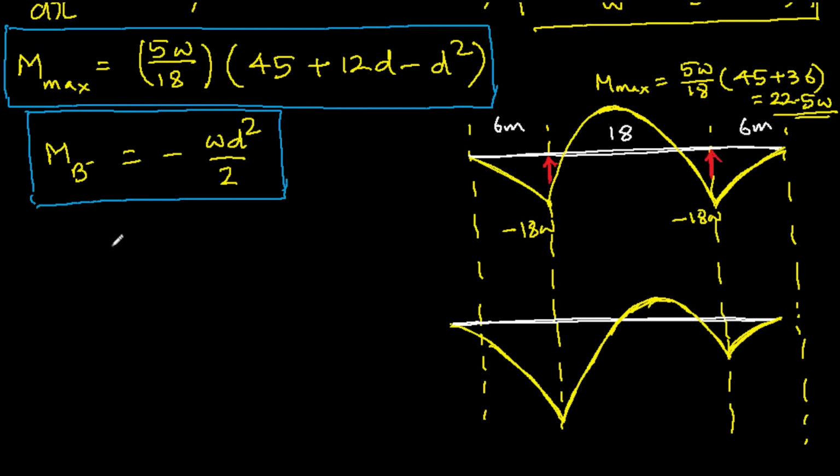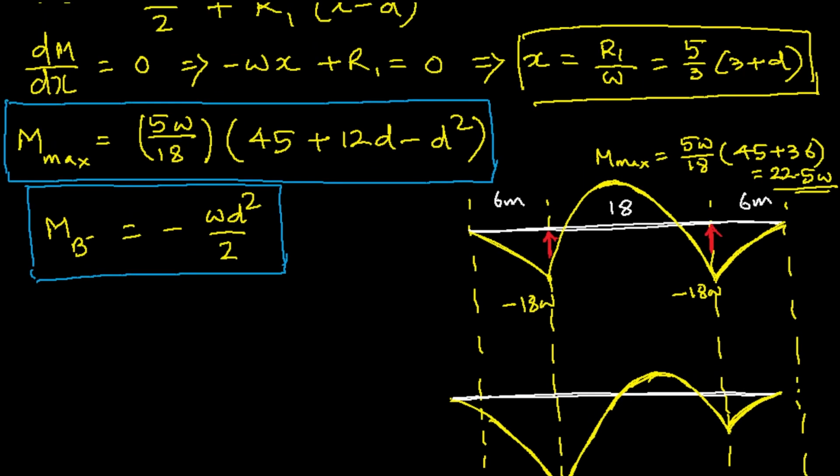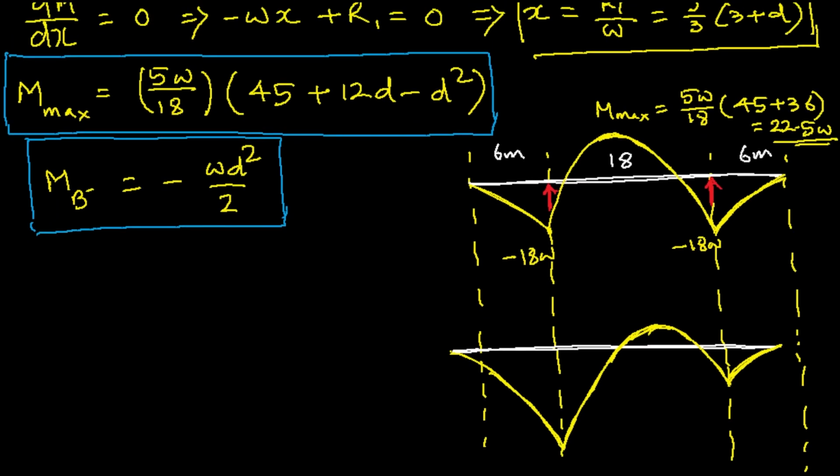So that can happen only when both of them would be equal. Otherwise, if this is more than that, then that's not the minimum which we are looking for. Okay, so the condition for equality will happen when both of them become equal.